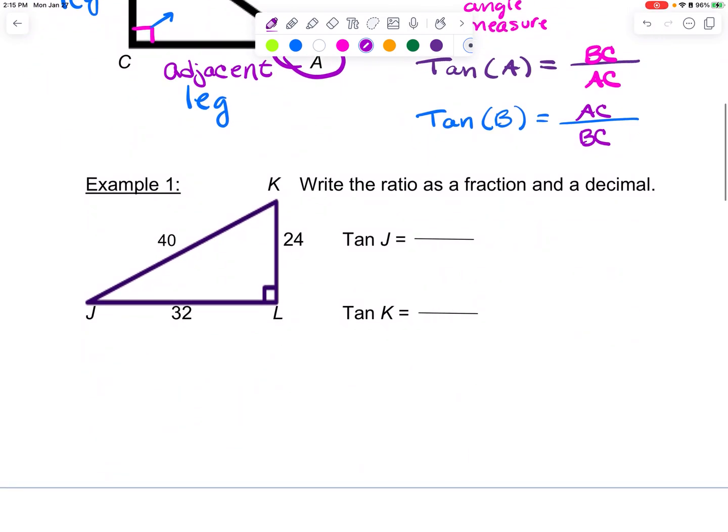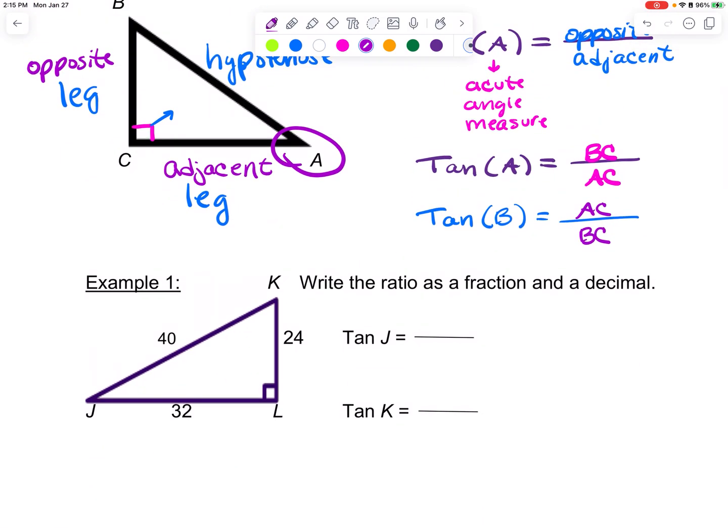Okay, so let's look at this example. We're going to write the tangent of J and K as a fraction, of course simplified, and as a decimal, which has to be brought out 4 places. So if I'm at J, my opposite is going to be the length of 24, and my adjacent is 32. The hypotenuse is never used.